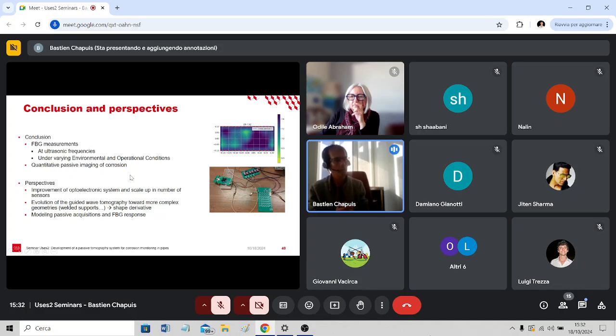We have not yet demonstrated a fully FBG system or passive quantitative imaging of corrosion. We have so far demonstrated capability to monitor corrosion with a fully piezoelectric system and with an hybrid system piezo FBG. And when we will have enough channel on our FBG measurement system, we will be able to do a full FBG system for passive imaging of corrosion.